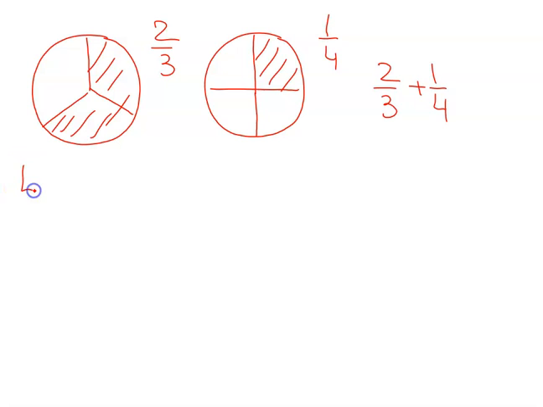So we have to find the LCD of these numbers. 3 doesn't have any common factors, so 3 would just be 3, and 4 is 2 times 2. So the LCD would be 3 times 2 times 2, which is 12. So what we are doing here, step number 1, we're trying to find the least common denominator.